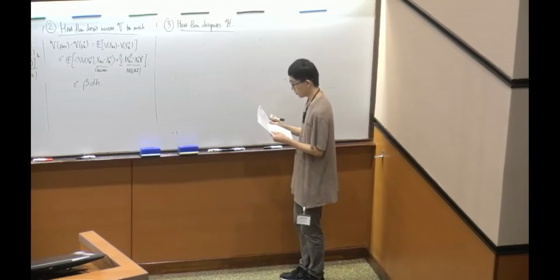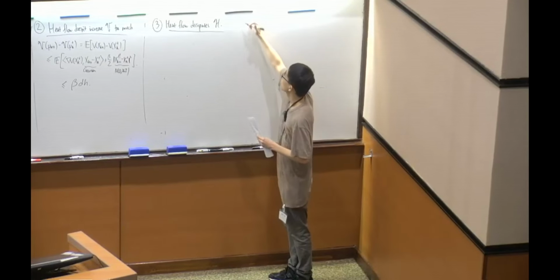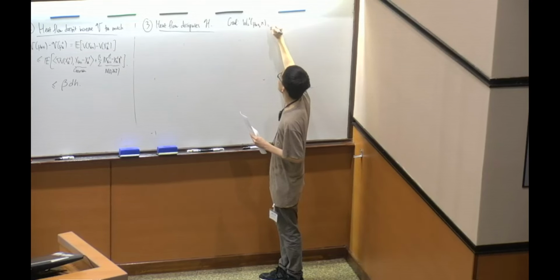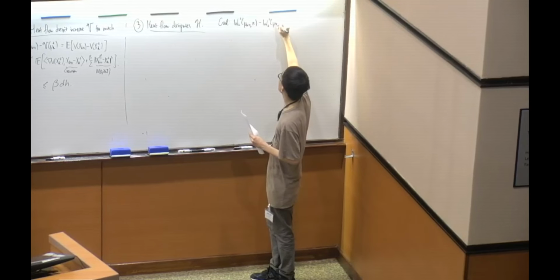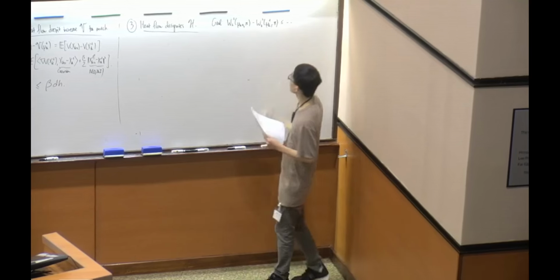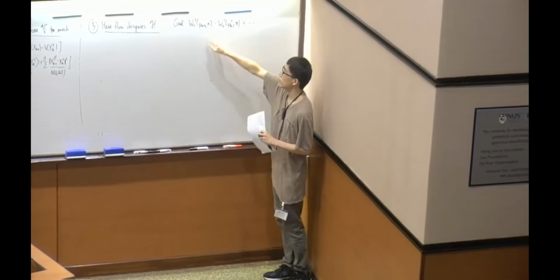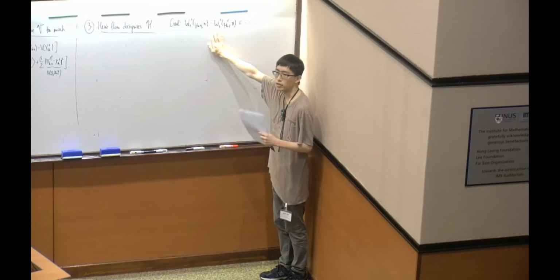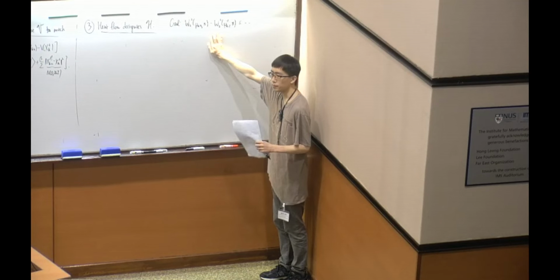So what do I want to do? The goal of this step is I want to bound how much this Wasserstein distance changes in the last step, the heat flow step.